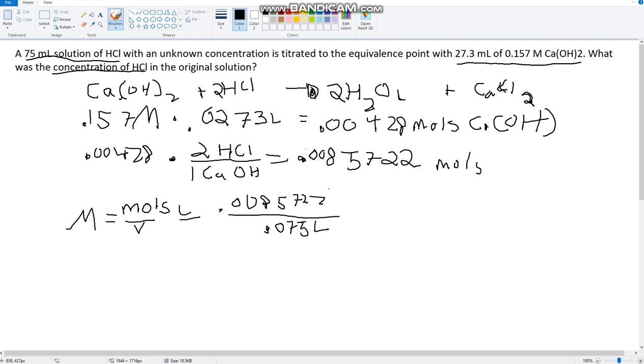Again, remember liters, not milliliters. And this will give us 0.1142 molarity of HCl. That right there is the answer we want.